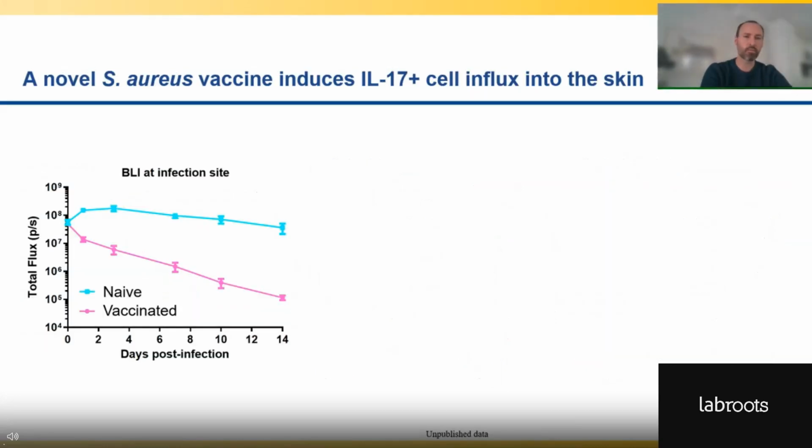In this next study, we collaborated with Integrated Biotherapeutics, which has developed a novel multi-component toxoid vaccine against Staph aureus. And what we found is that vaccinated animals had significant reductions in bacterial burden compared to unvaccinated controls. However, we wanted to understand what were the immune mechanisms of protection mediated by this vaccine.